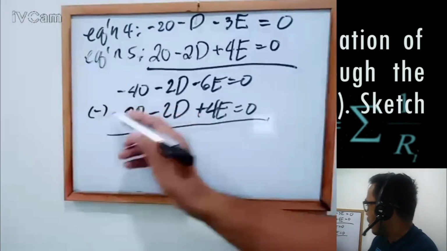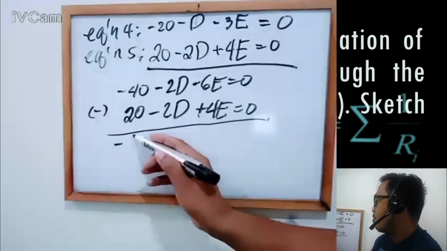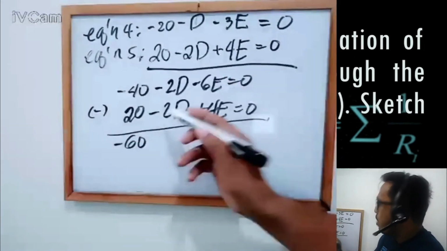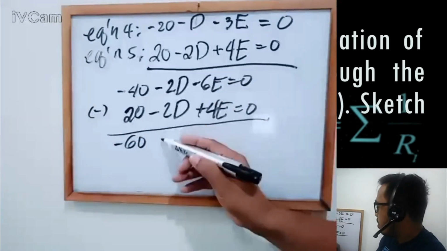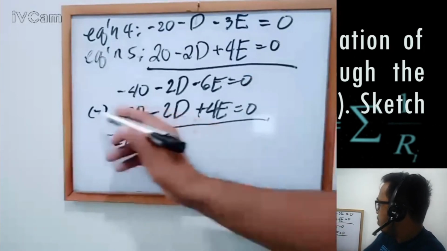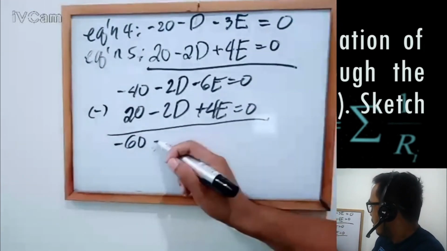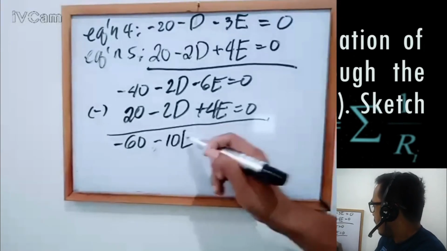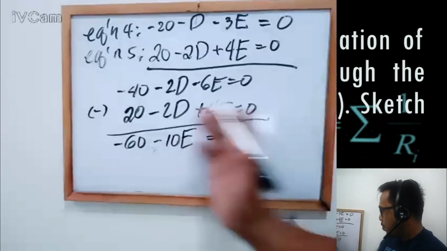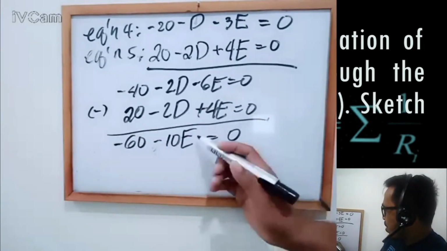If you subtract, you have negative 40 minus negative 20, that is negative 60. Negative 2d minus negative 2d is 0. Negative 6e minus 4e is negative 10e equal to 0. As you observe, we now have one equation having one unknown, so we can solve for e.